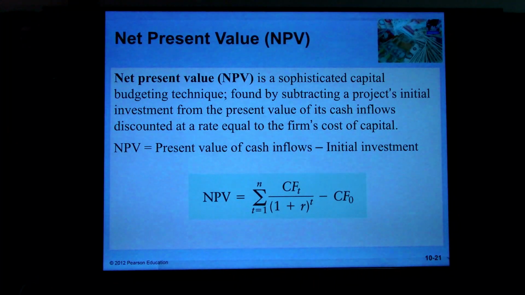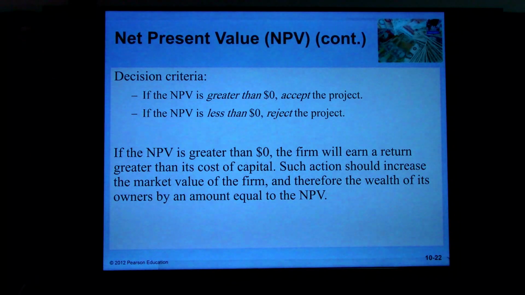NPV could be positive, or NPV could be negative, or NPV could be 0. If NPV is greater than 0, meaning NPV is positive, in this case we should accept the project.